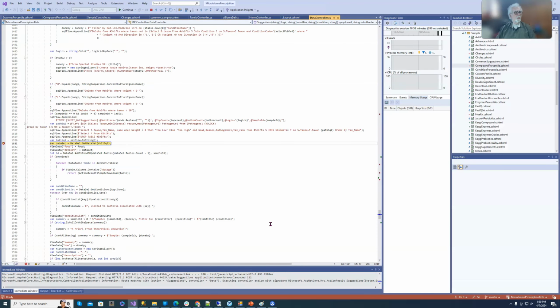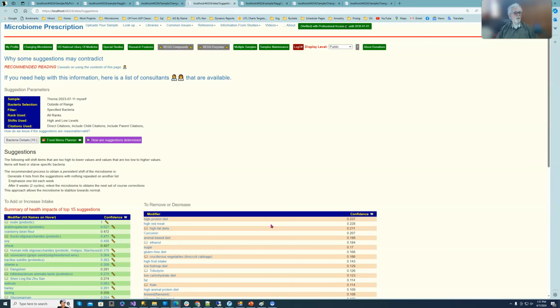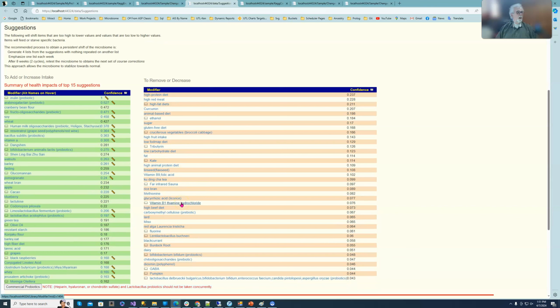Sorry, that was code, which should have been there. And now we have things that should help, particular things like inulin, resveratrol, vitamin A, which we did come across in our review, and the microbiome says vitamin A is something that should be there.